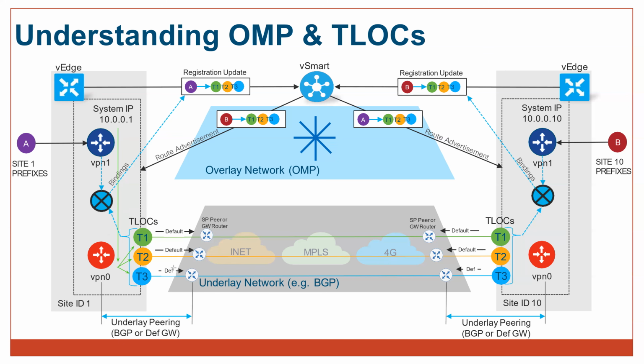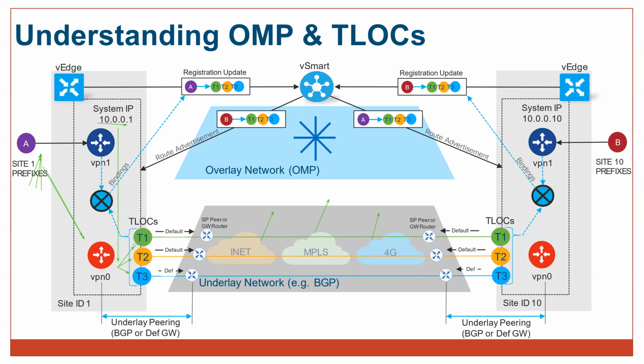So suppose you are connected with 3 ISPs, so obviously all these 3 ISPs know this particular prefix, prefix A. When it comes to VPN 0, it may reach the other location via 3 paths: internet, MPLS, and 4G.